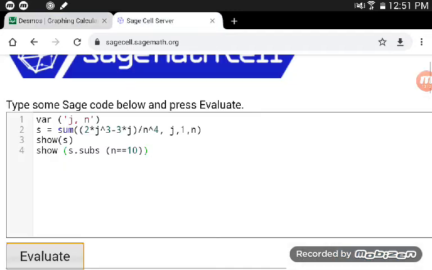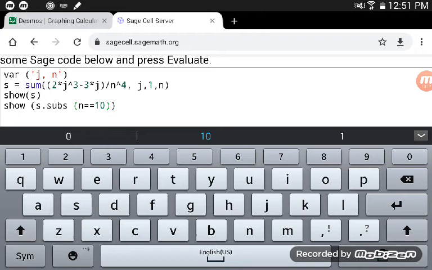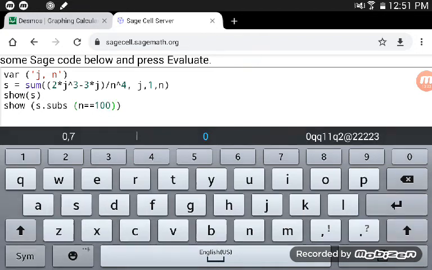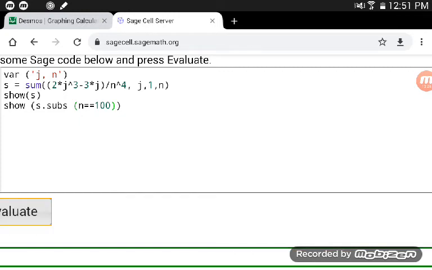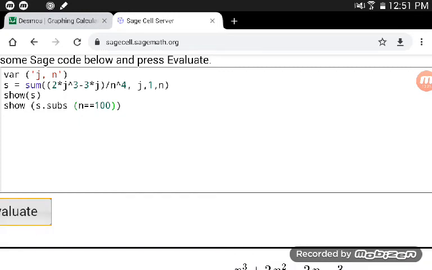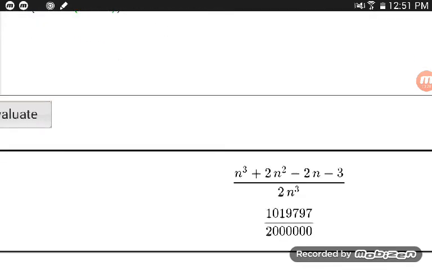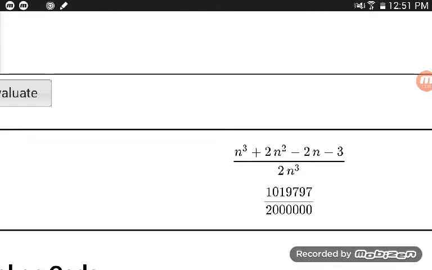Now in Sage it'll be interesting, because if I go in there and add another 0 and then evaluate, probably going to get a really big looking fraction. We'll see here. Yeah, so you get this fraction, which is about 1 million over 2 million, so it's about a half, which is kind of what we got.